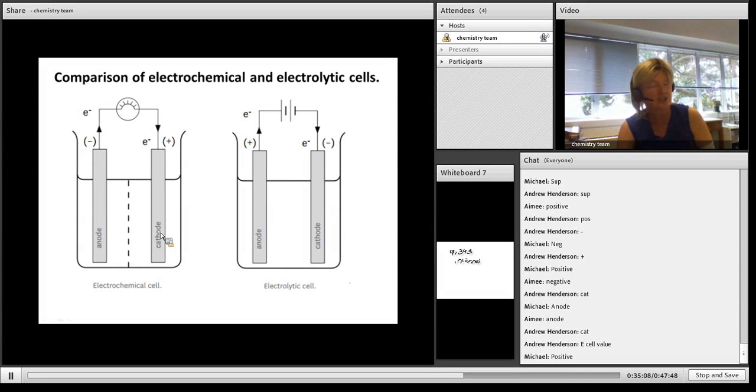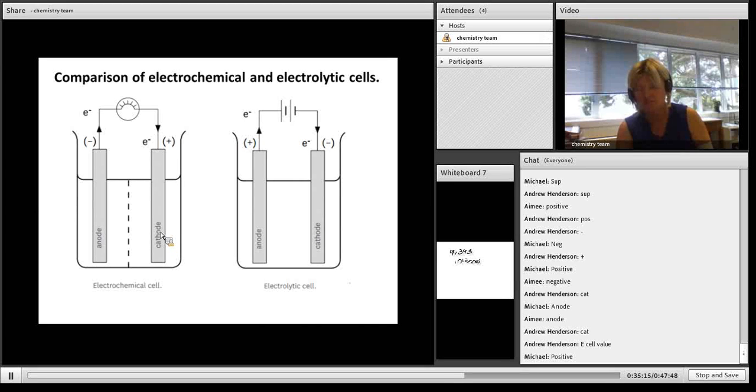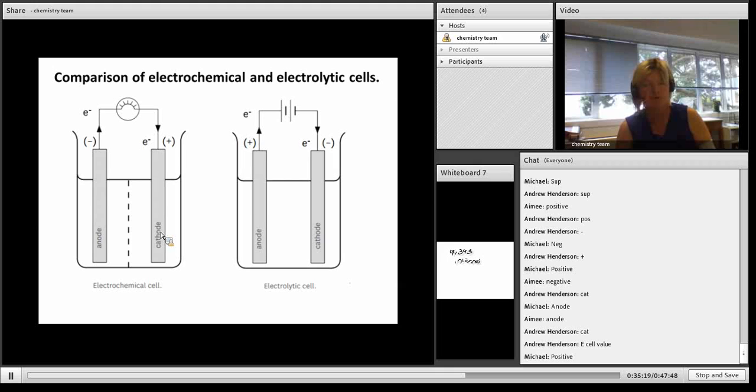And for the electrochemical cell, you'd have to look at the E cell value or the reduction potentials. If reduction is happening at the cathode, then it's got to be the more positive value for the reduction potential. So that's what I mean by the last one.